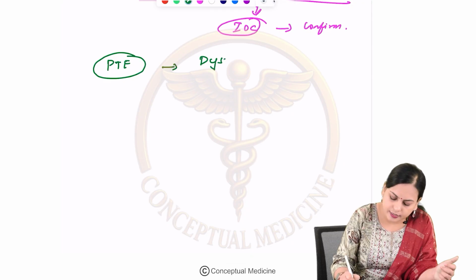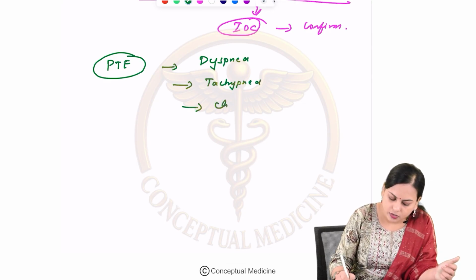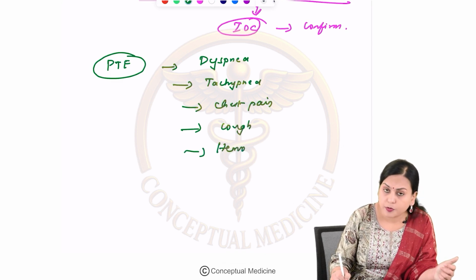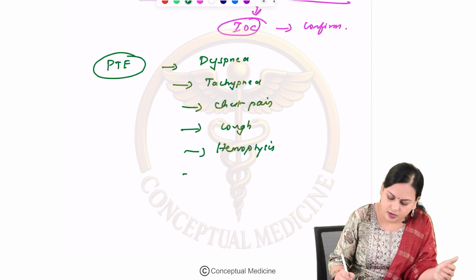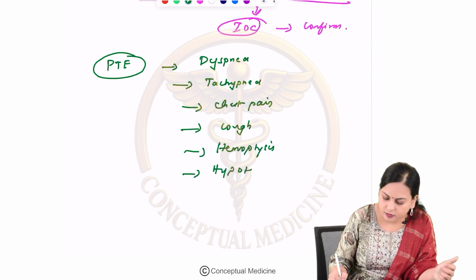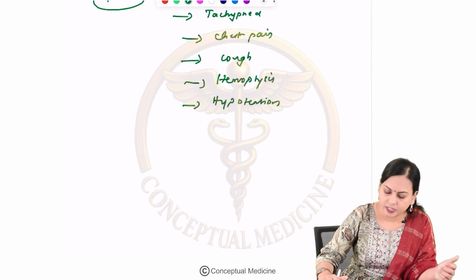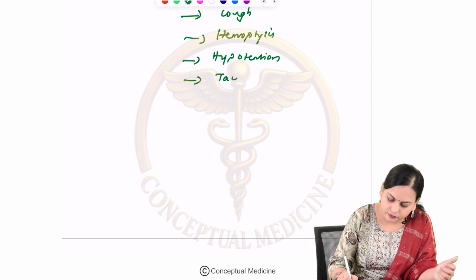Okay, and you can suspect pulmonary thromboembolism with the following symptoms: there can be dyspnea or tachypnea, chest pain, cough, hemoptysis, hypotension, or tachycardia as well. Okay.